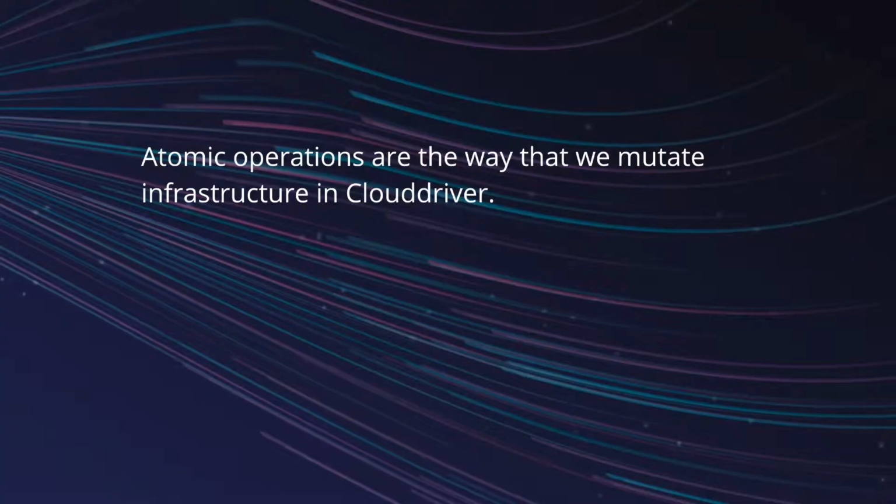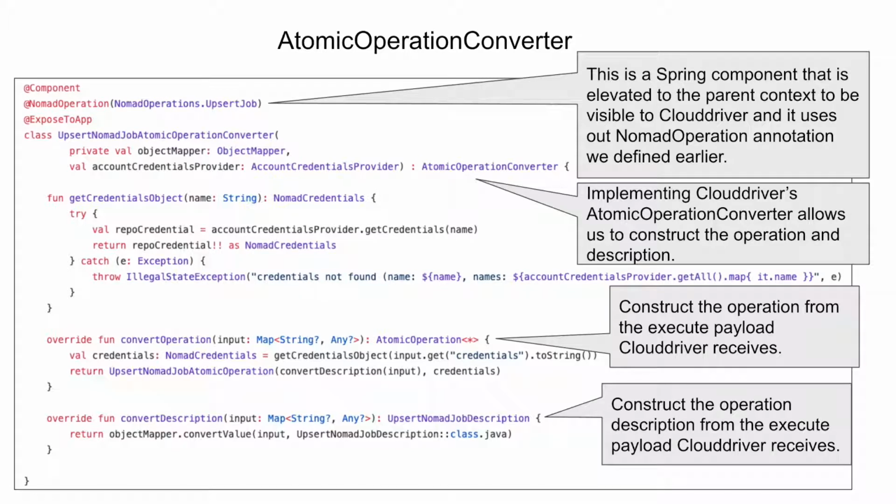So the way we make modifications to infrastructure in Clouddriver is with atomic operations. This starts with an AtomicOperation Converter. So first you'll notice that we use the Nomad operation annotation that we saw earlier that we stick on all of our Nomad operations.